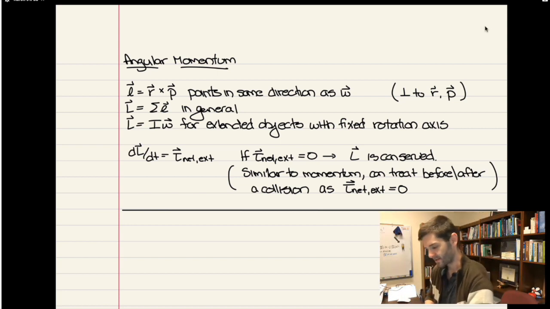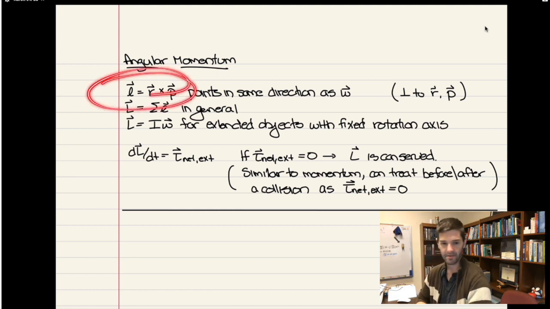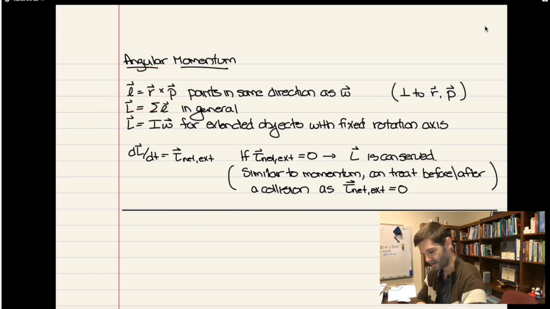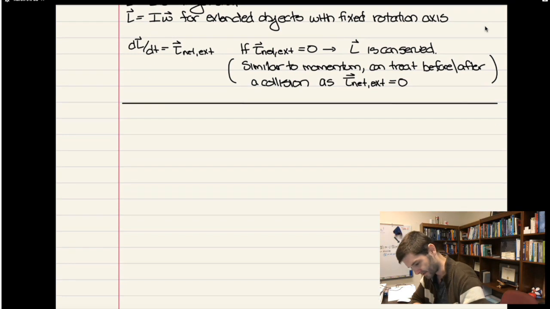So just to remind ourselves, angular momentum we define as the cross product of the moment arm and the linear momentum of the system. So going back down, if I have some particle that is moving with some momentum p about some axis of rotation or some pivot point that I choose to measure from, which I'm going to place my origin at.